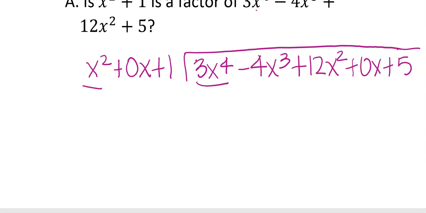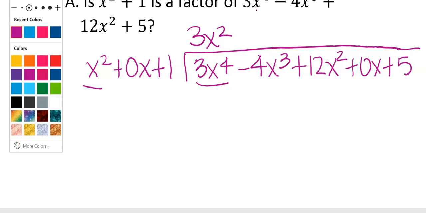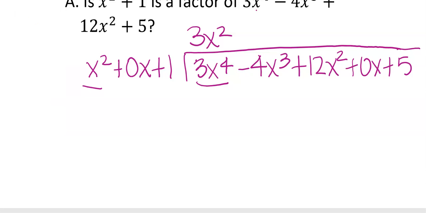And 3x to the 2 this time. Usually it goes down by 1. This time it doesn't because this is a 2 out there. And if you need to see it, jot it down on the edge. Looks like this. 3x to the 4 divided by x squared. So again, you subtract the exponents, divide the numbers.